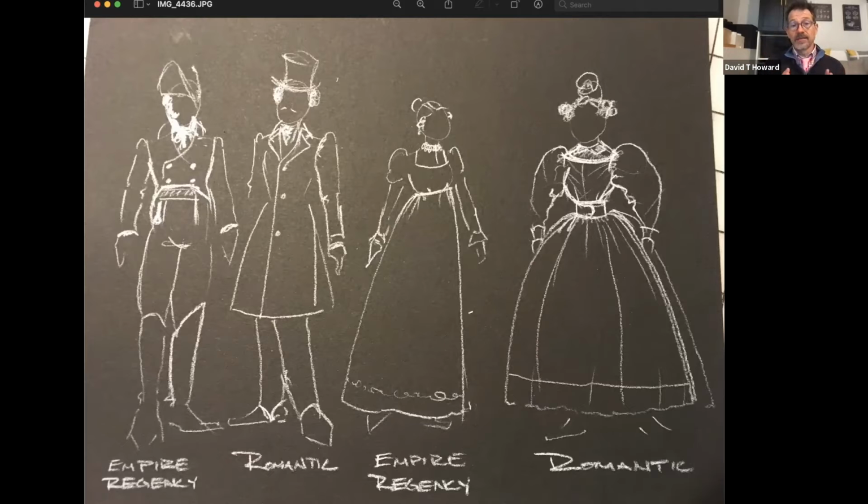It's following the lines of the body. With the exception of that higher waist, that foreshortening of the body to that empire line, or in the case of the men, that higher line as well, we're really seeing overall a very classic silhouette, and specifically one might say neoclassic.